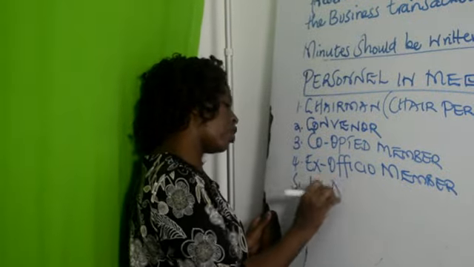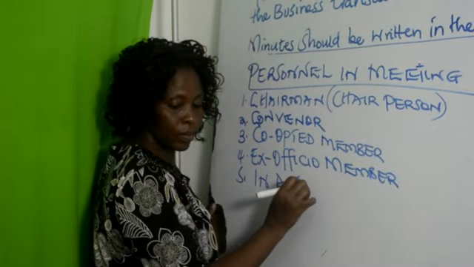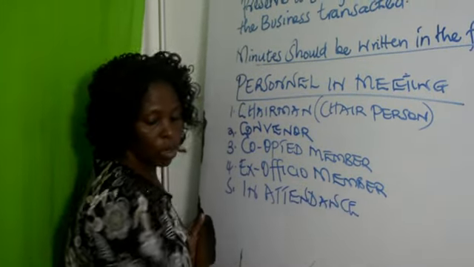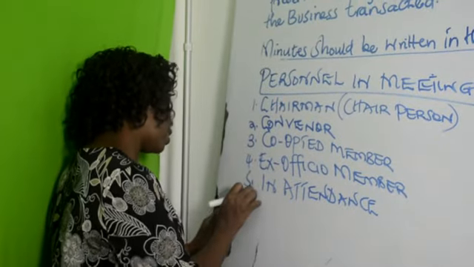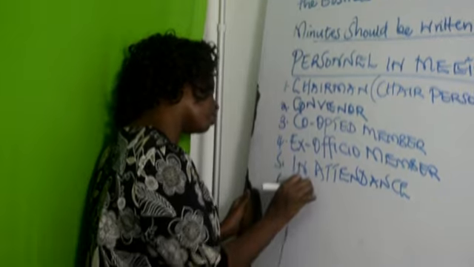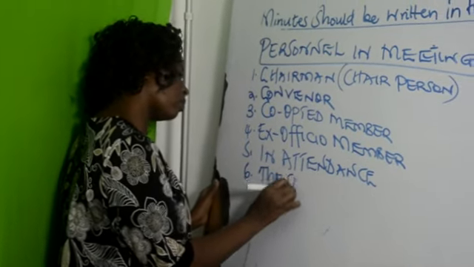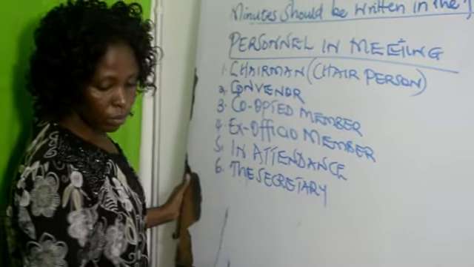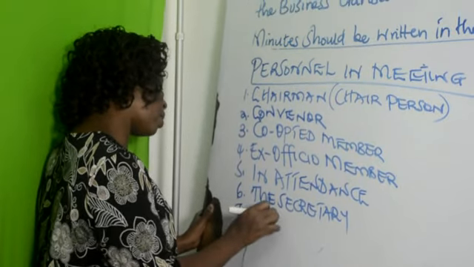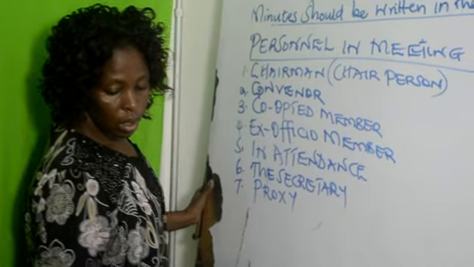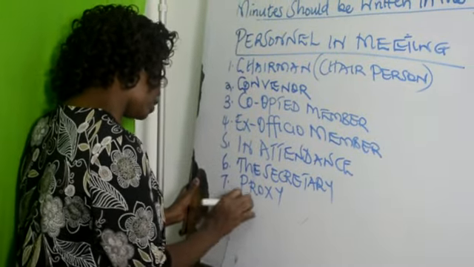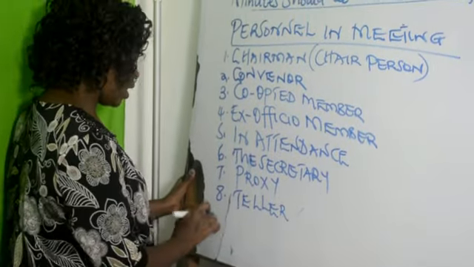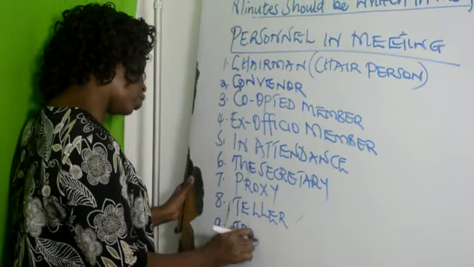We have another member we call in attendance. We also have the secretary. We have another member we call proxy. We have another member called teller. We have another member called treasurer.